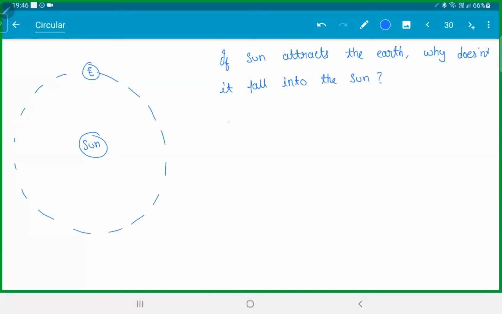The answer for this is the earth is always falling into the sun. It's not at rest. The velocity puts it back on the circle.